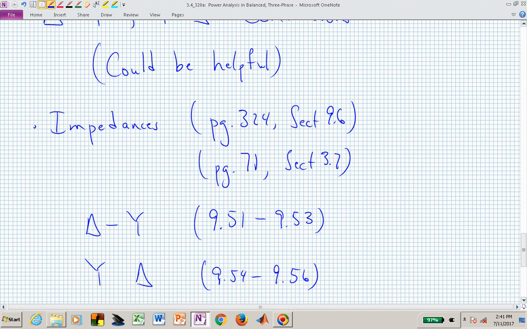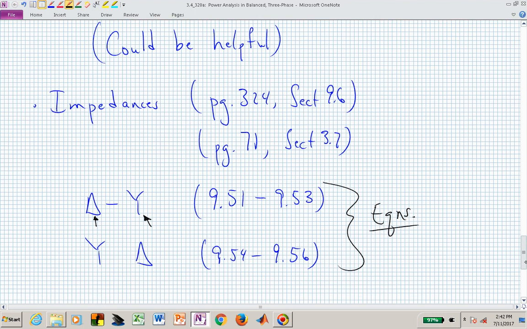And equation-wise, if you had a set of impedances that were connected in a delta configuration, and maybe for ease of analysis, you want to convert those into a Y interconnected structure, then you would use equations 51 through 53 in chapter 9.